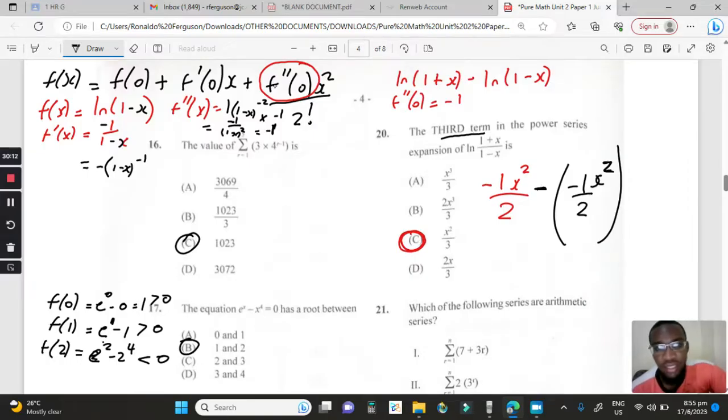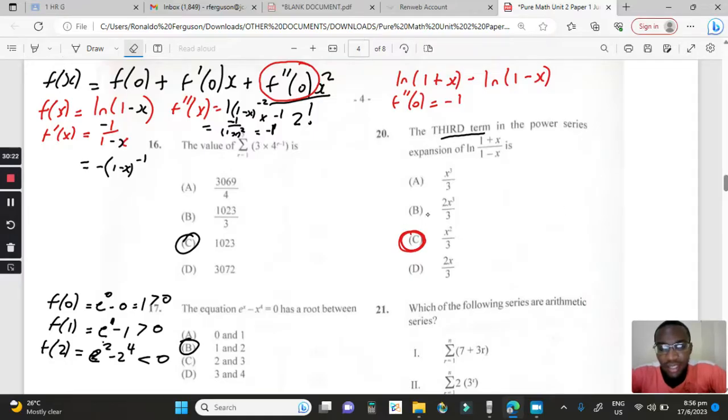Well, actually, I'm having a bit of hiccups here because I am not getting x squared over 3, and they said the third term. So I'm actually going to work this one out properly.